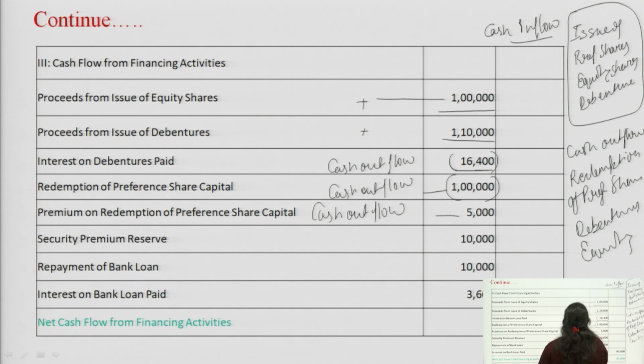Securities premium reserve was mentioned in the balance sheet, that is 10,000 rupees, and repayment of bank loan is 10,000. Once you are making the payment, again it is cash outflow. Interest on bank loan is paid, again it is cash outflow.